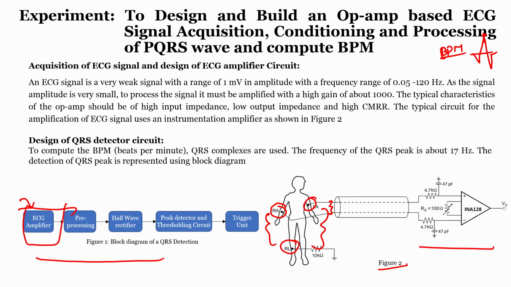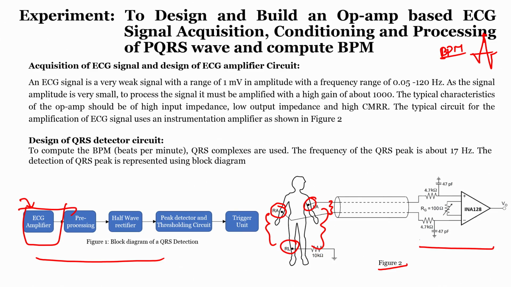Now, what are all the errors that we have seen in the class? A few things we also discussed in the session. One is power line interference, the other one is motion artifacts. So, how do we eliminate them? As we have already seen the sources of errors, we have also discussed what kind of filters to be used.